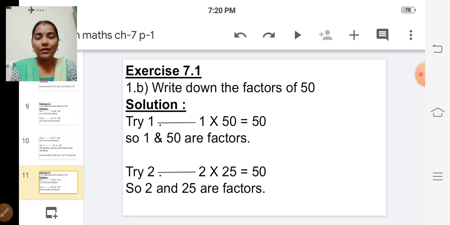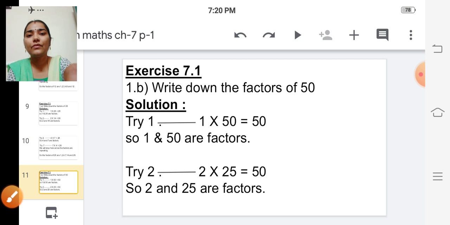Starting from the first table, every number will come in the first table, so 1 and the given number are the factors of the given number.